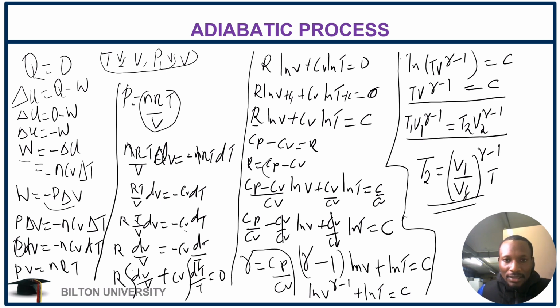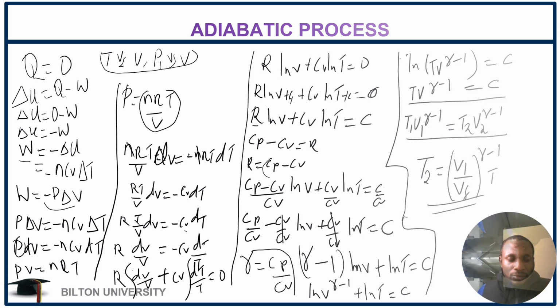So let's look at the relationship between pressure and volume in an adiabatic process, because there are three things here: change in temperature, change in volume, and also change in pressure.